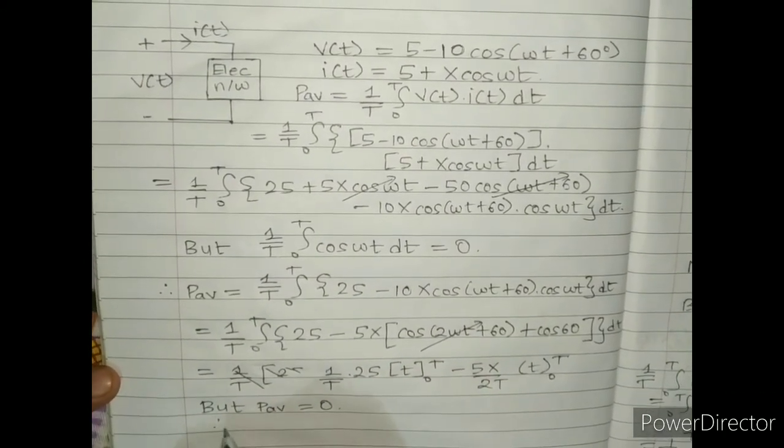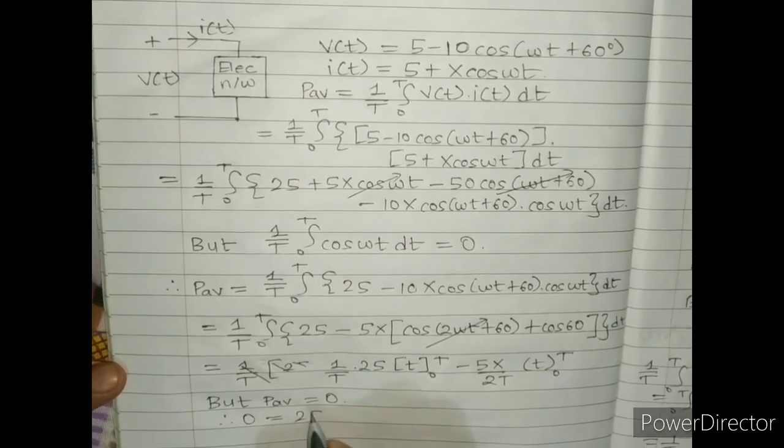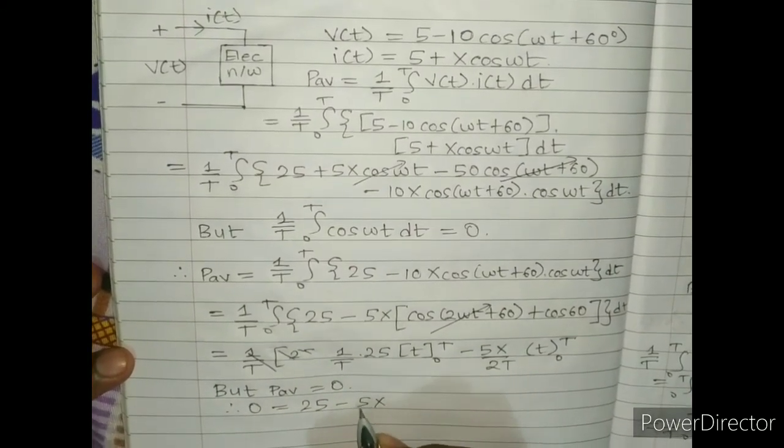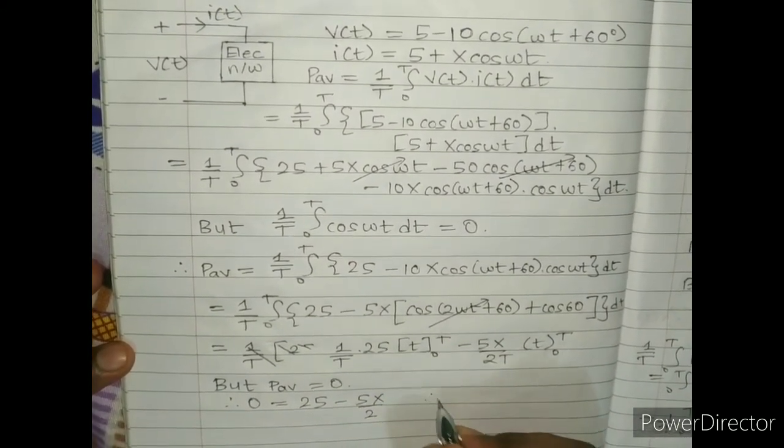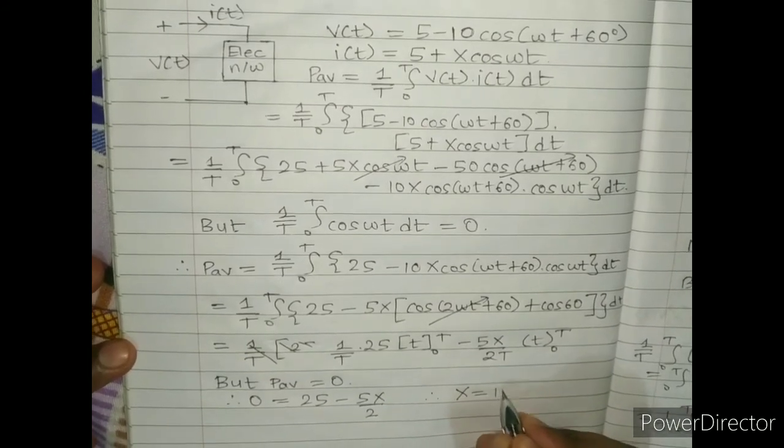So therefore 0 is equal to 25 minus phi x upon 2. Therefore x is equal to 10 amperes.